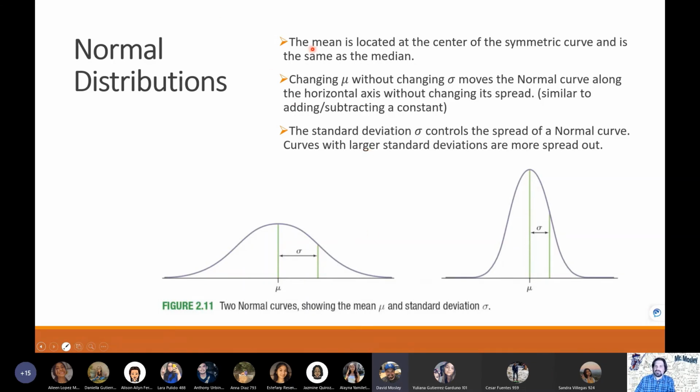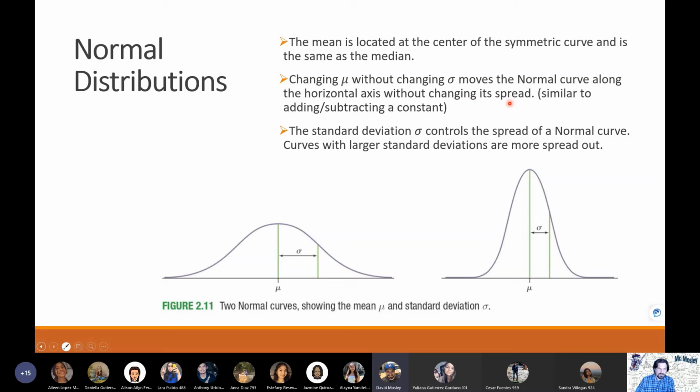In a normal distribution, the mean is located at the center of the symmetric curve and is the same as the median. Changing mu, the mean, without changing sigma, standard deviation, moves the normal curve along the horizontal axis without changing its spread.